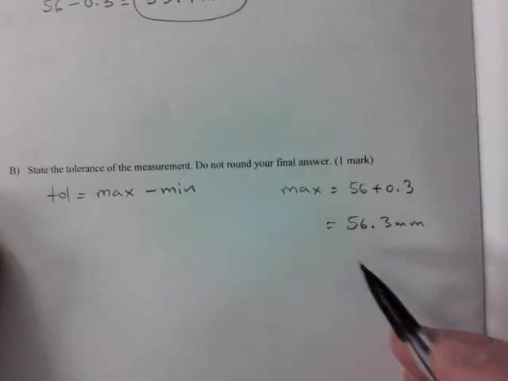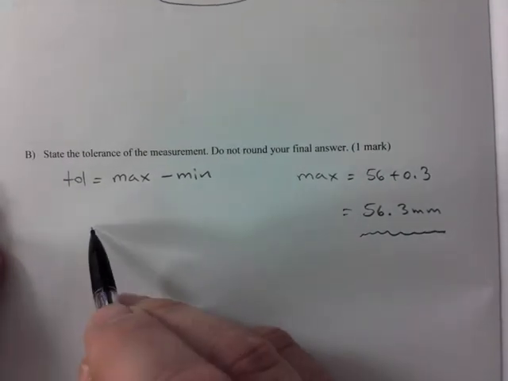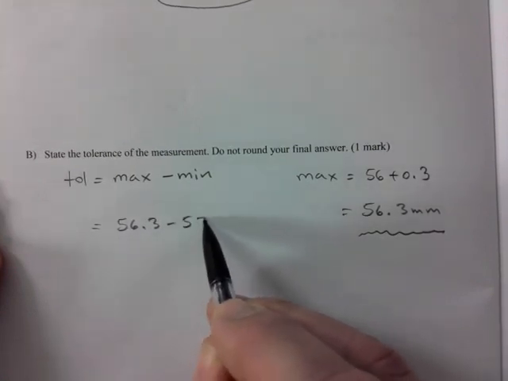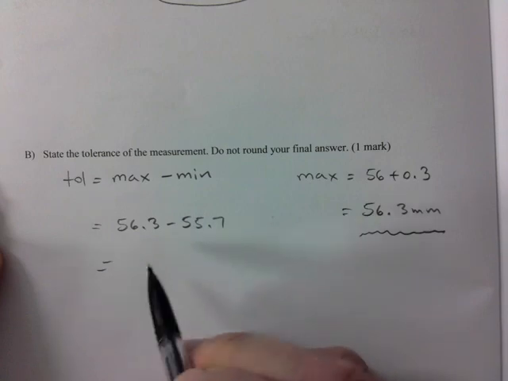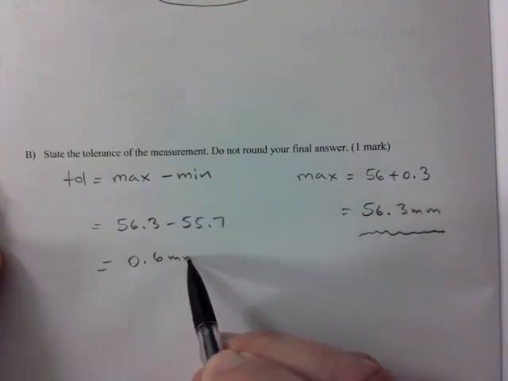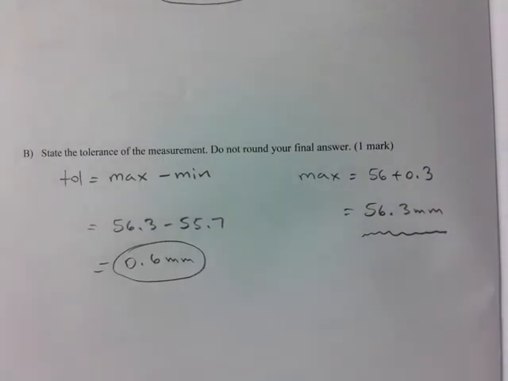Okay, so this is an aside. I'm going to underline it because it's important. So then you just go max minus the min, and that's 0.6. That's your tolerance in this scenario.